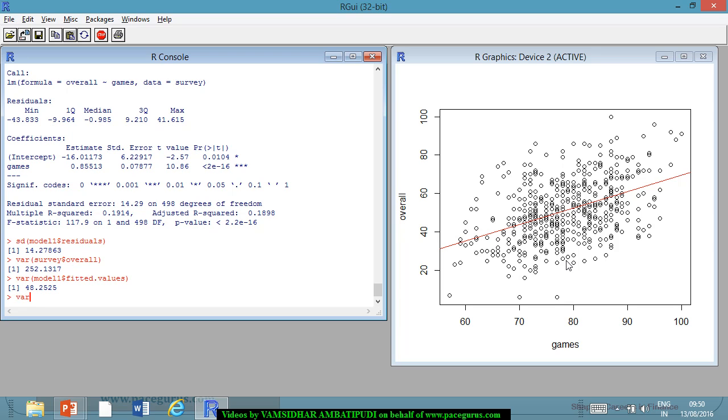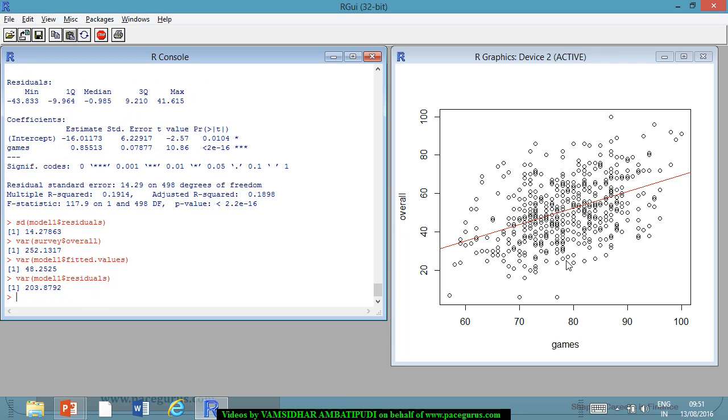And if I take the variation of the residuals, it's around 203. Now look at a few things. This value plus this value, 203 plus 48, is approximately equal to this 252.